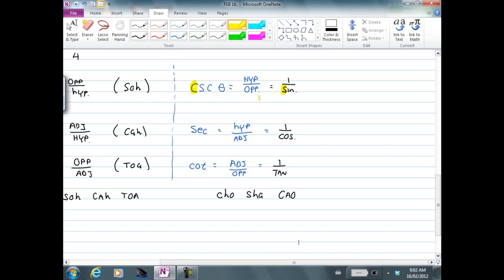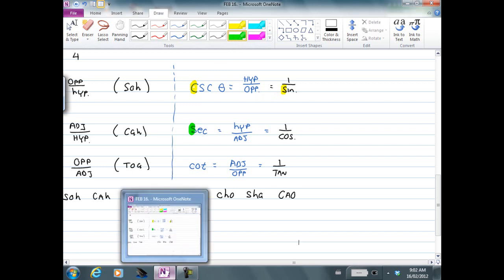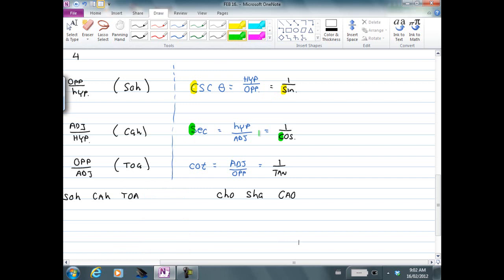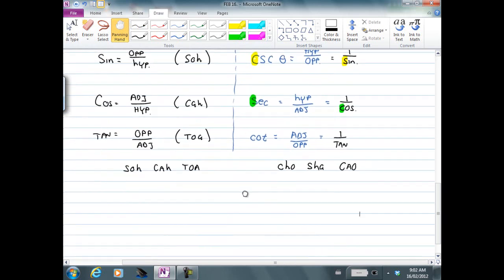It's an S, for sine. Look at secant. Secant starts with an S, so normally you think it's a sine, but then it's a C. Oh, tricky. Once you see that, you never forget it again. Secant starts with an S, so normally you think it's associated with sine, but everything is reversed. So it's 1 over cos, which is hypotenuse over adjacent.